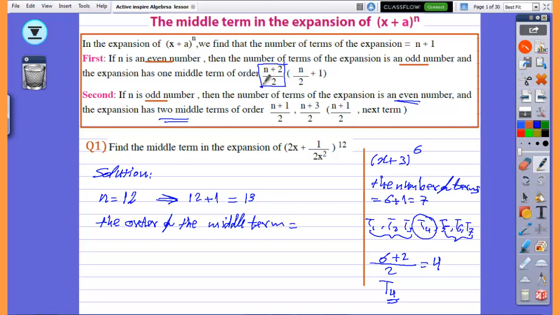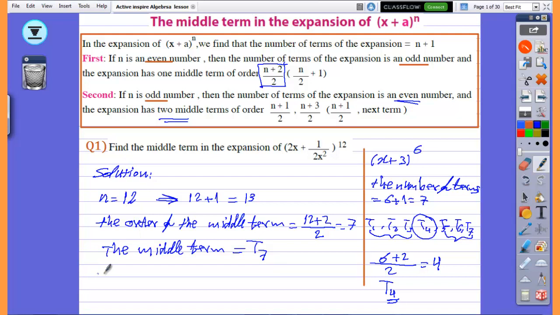equals, according to the rule, (n plus 2) all over 2. So we have (12 plus 2) all over 2, which is 14 divided by 2 equals 7. So the middle term is T7. The question here is to find the middle term.